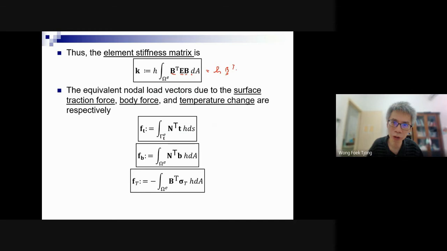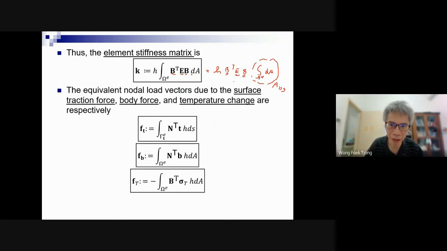B transpose E B times the integral of the area dA. What is this? This is nothing but the area of the triangular element. So actually the stiffness is B transpose E B times H, the thickness, times the area of the triangular element, or B transpose E B times the volume of the element.